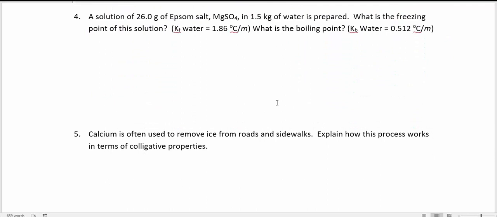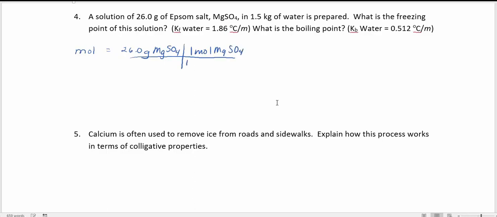Number 4, a solution of 26 grams of Epsom salts, which is magnesium sulfate, in 1.5 kilograms of water is prepared. So we need to find the freezing point and the boiling point. Now, both of these require us to find the lowercase m molality, but first we need to find the moles of our Epsom salts. So 26.0 grams of magnesium sulfate converted into moles using the formula mass.